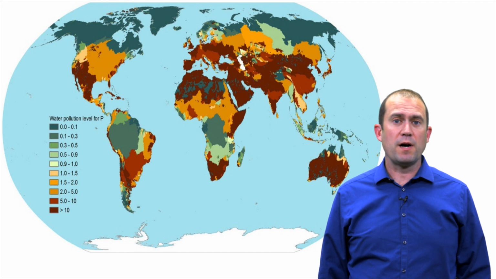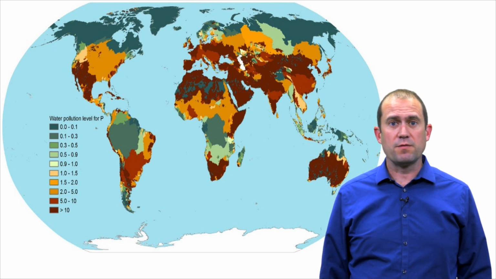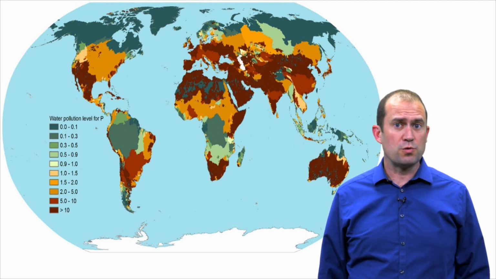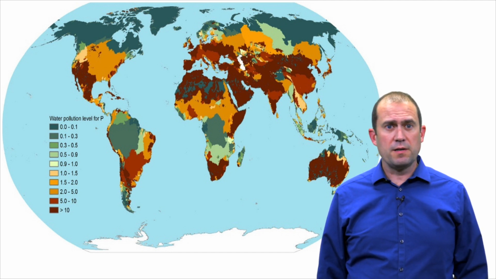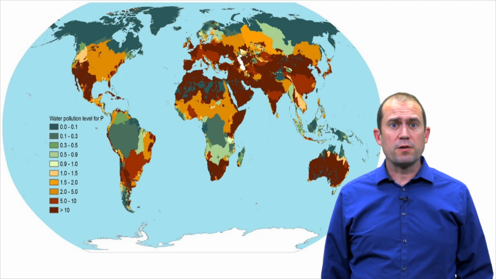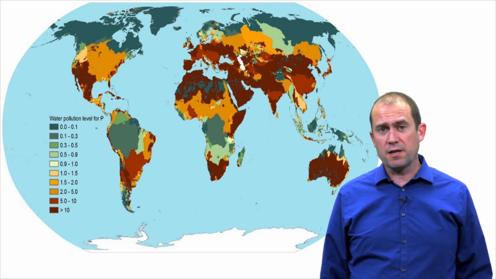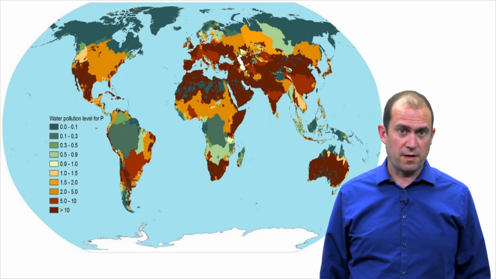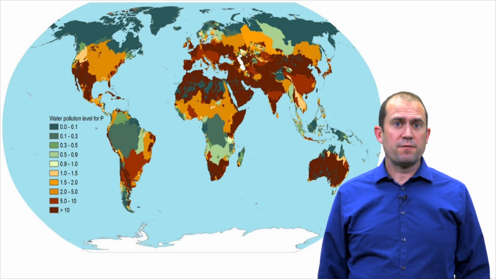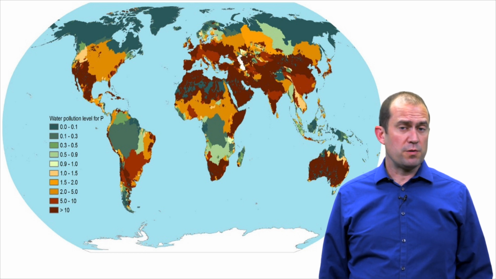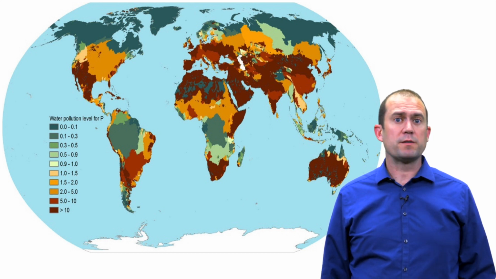This means that harmful algal blooms are more likely because of the availability of phosphorus as a nutrient for algae. Note that the US, Europe, and India, as examples, are covered in orange and red. To contrast that, there are areas of the world where surface waters are not polluted with phosphorus, like parts of sub-Saharan Africa.